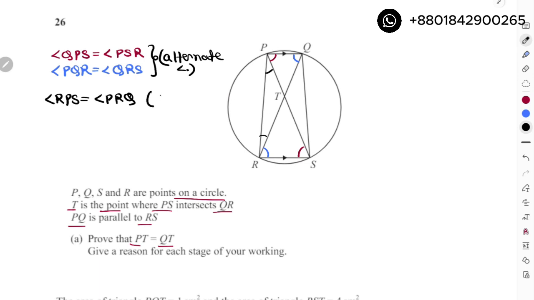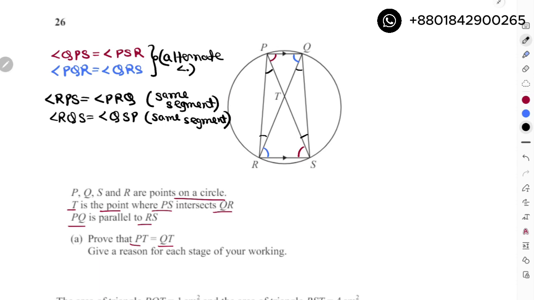If you remember, this is angle at the same segment, right? I'll just write same segment here, okay? Not only this, these two angles are also similar, right? This is angle RQS and angle QSP. This is also for the same reason, same segment.